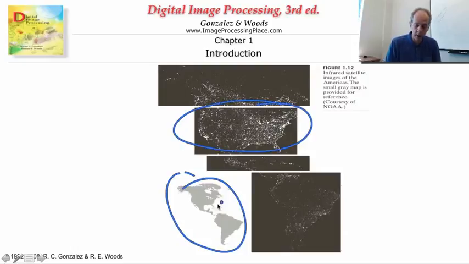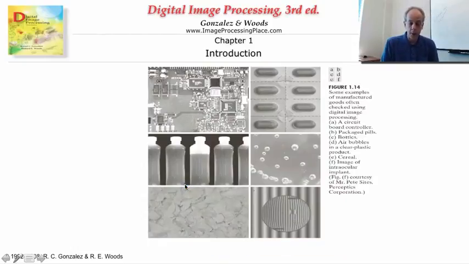So here we have this region. And of course, we have the natural images that we are used to seeing. Basically, images that we can take with our cameras, and then look at with our own naked eyes.